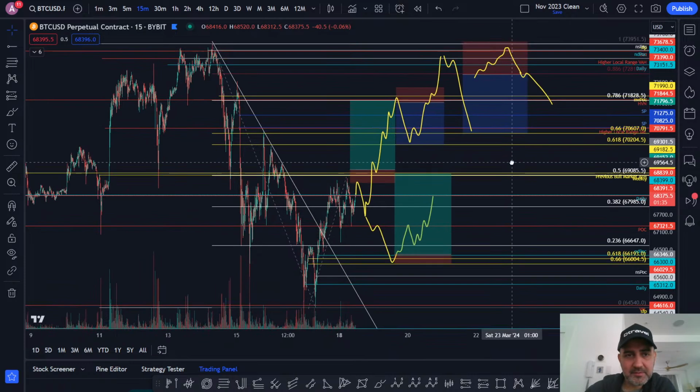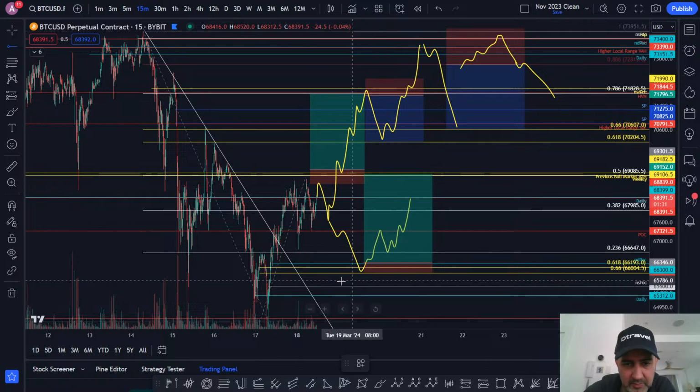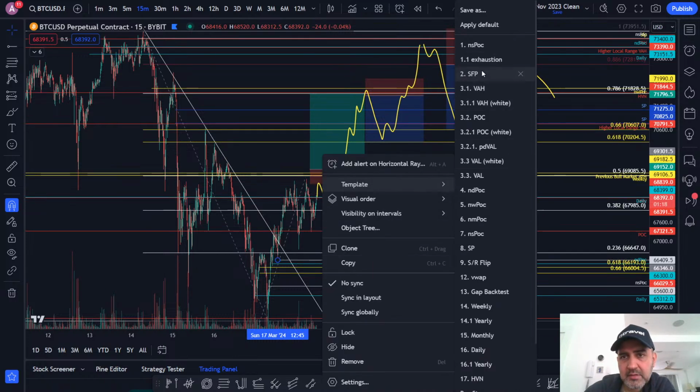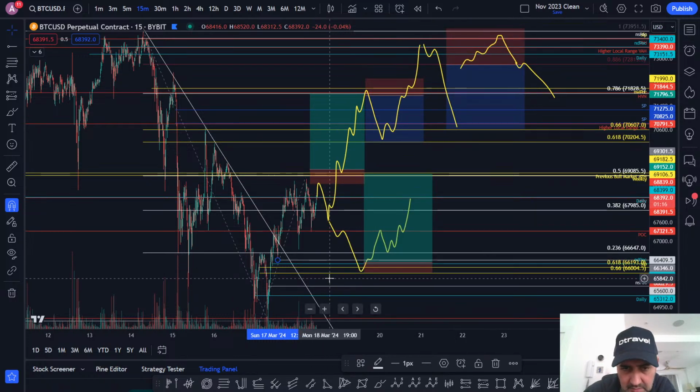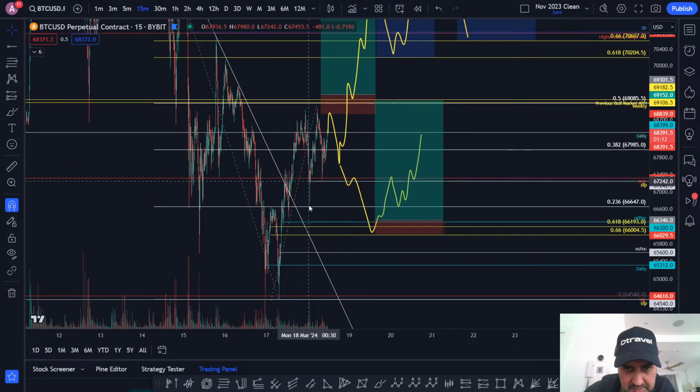Let's see what happens. I'm going to set some alerts now, because I will take these trades if I like the reaction. This one here, maybe actually this one. Let me just do this one.